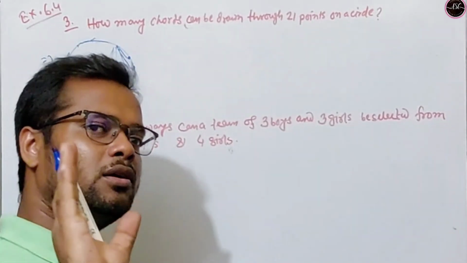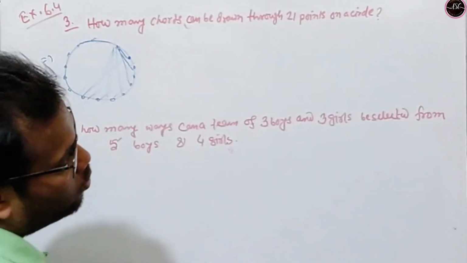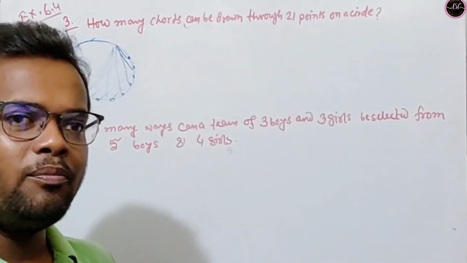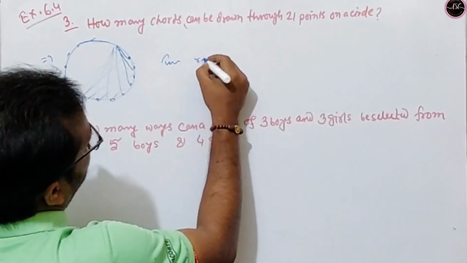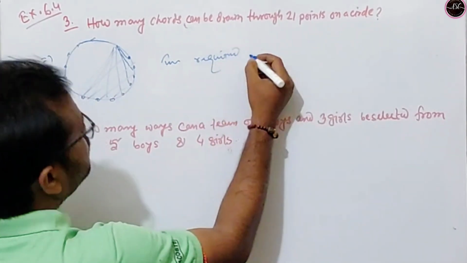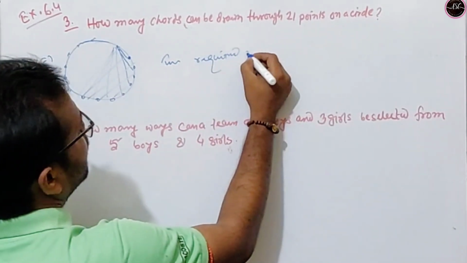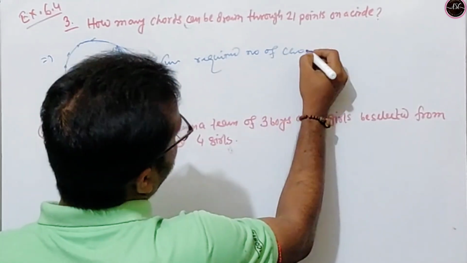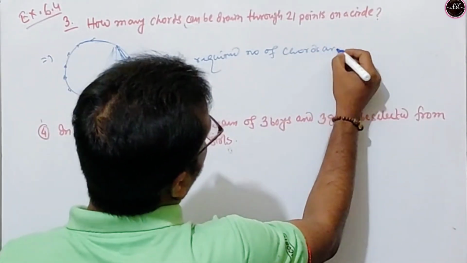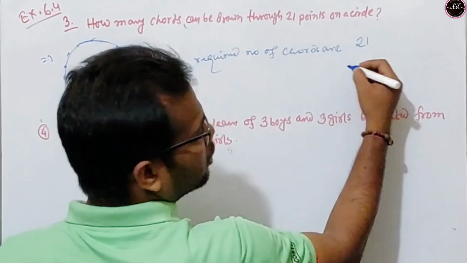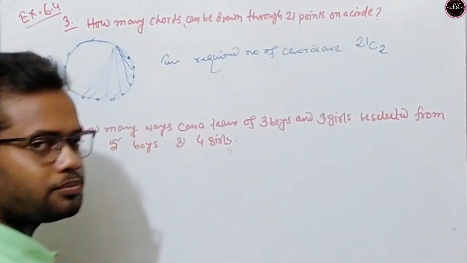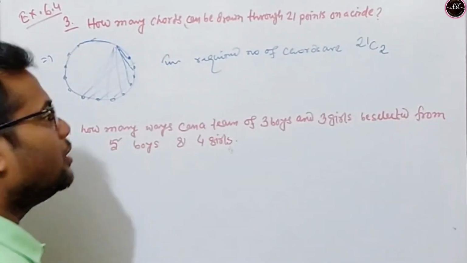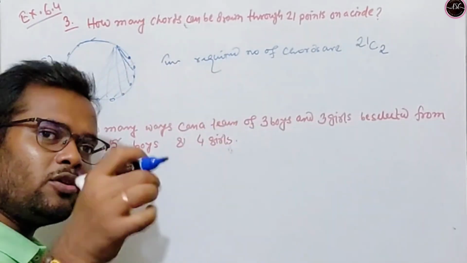So 1 chord requires 2 points, and 2 points should be chosen from 21 points. So the required number of chords, here n equal to 21, that means nC2. Okay, that means by 2 points we can draw a chord.